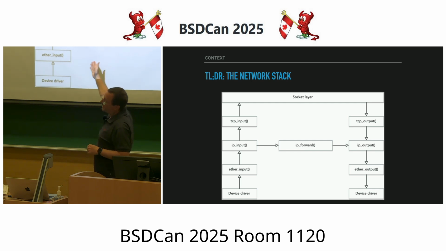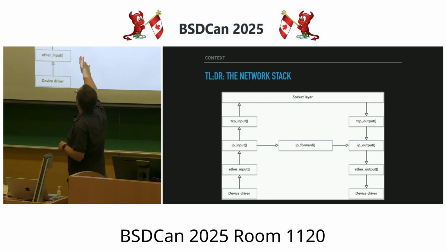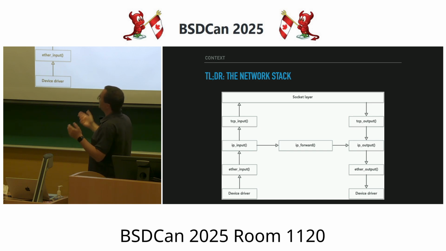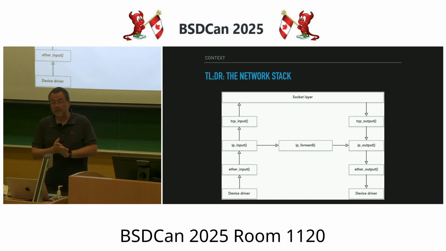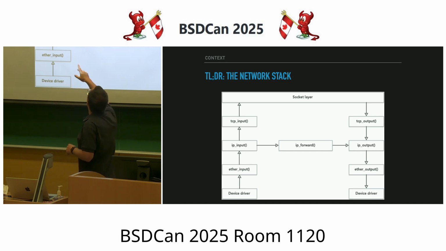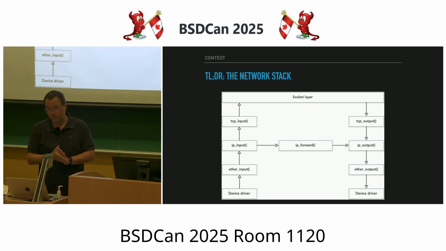Assuming that it's IP, it'll hand this to the IP input function, and then depending on what's contained within or where it needs to go, it'll forward the traffic or it'll terminate it locally in TCP and hand it over to the socket layer where hopefully an application will look at it and do something useful.